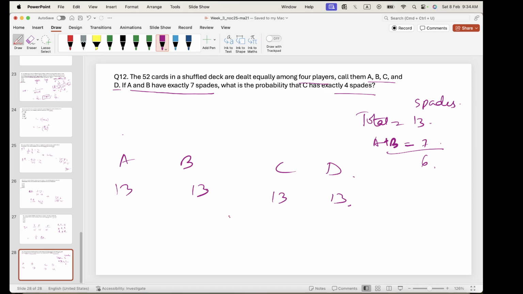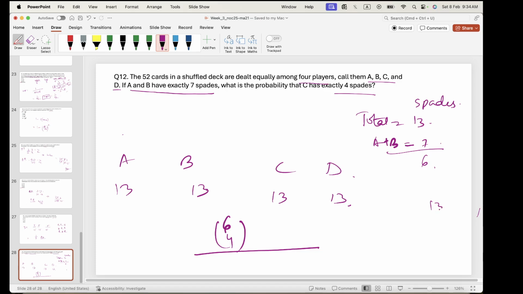So the numerator would be 6 choose 4, but what will be the denominator? C will have 4 spades, but 13 minus 4, 9 cards C should have from the remaining cards.